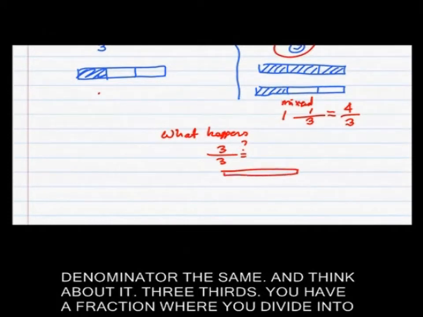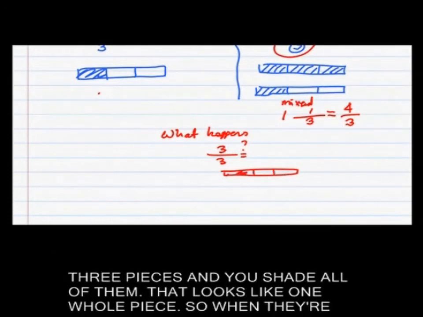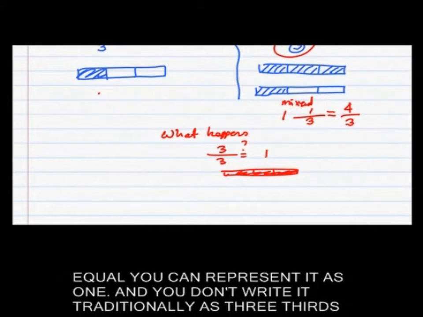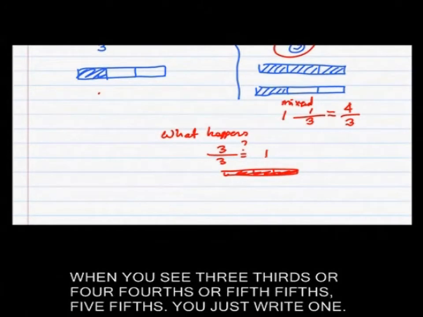You have a fraction where you divide into 3 pieces and you shade all of them. That looks like one whole piece. So when they're equal, you can represent it as 1. You don't write it traditionally as 3/3. When you see 3/3 or 4/4 or 5/5, you just write 1.